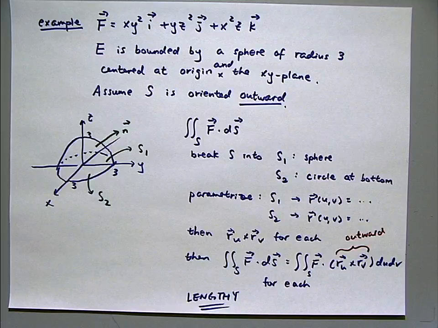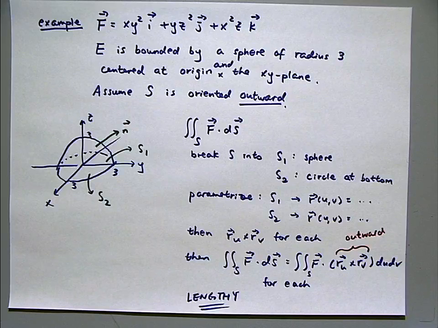And what's left here is really pretty easy to do. We have rho to the 4th sine phi d rho d phi d theta. First round of integration is with respect to rho.